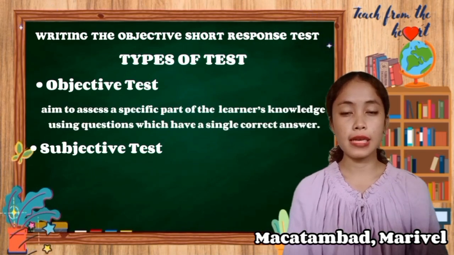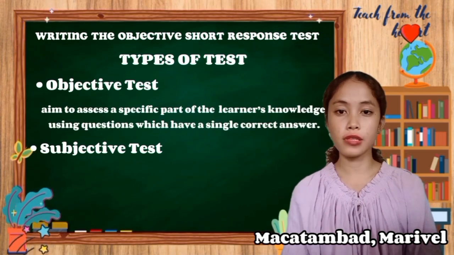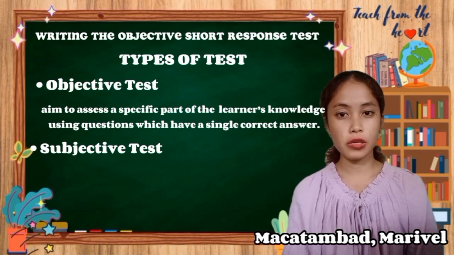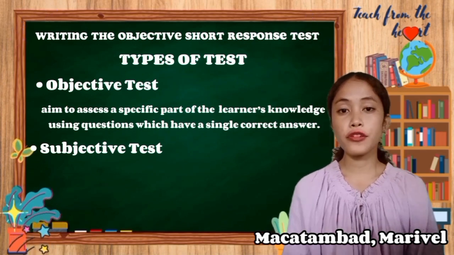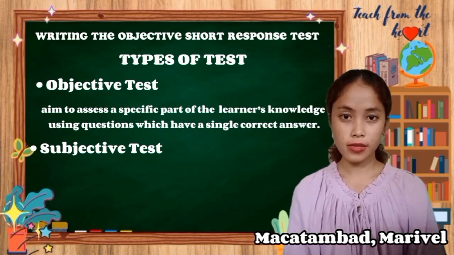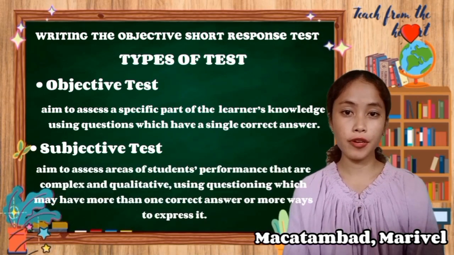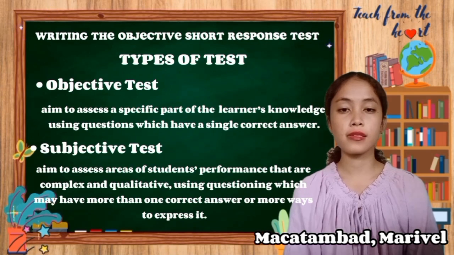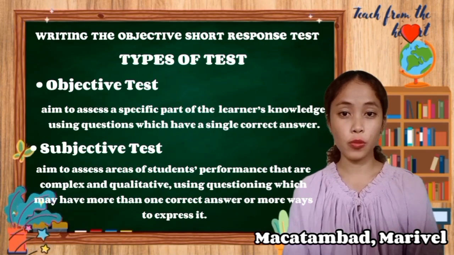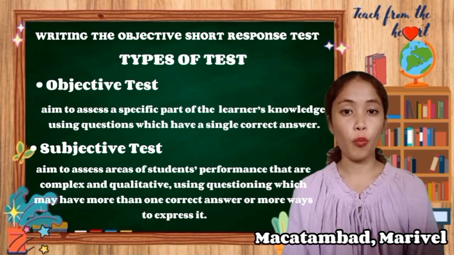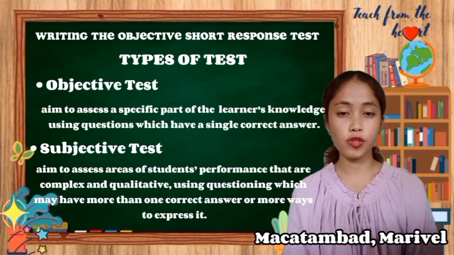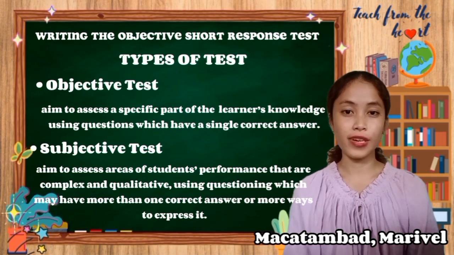It aims to assess a specific part of the learner's knowledge using questions which have a single correct answer. On the other hand, subjective tests aim to assess areas of students' performance that are complex and qualitative using questioning which may have more than one correct answer or more ways to express it.